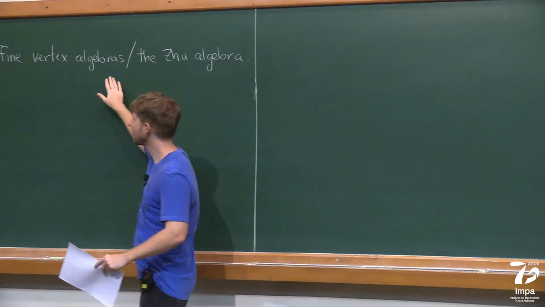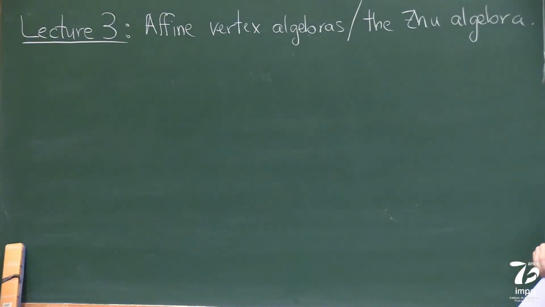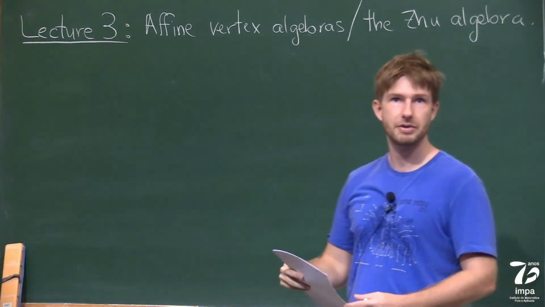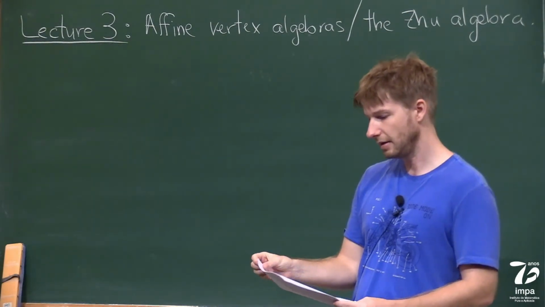So before I talk about this third important class of examples, affine vertex algebras, I want to finish off what I was talking about last time, the construction of the lattice vertex algebras.